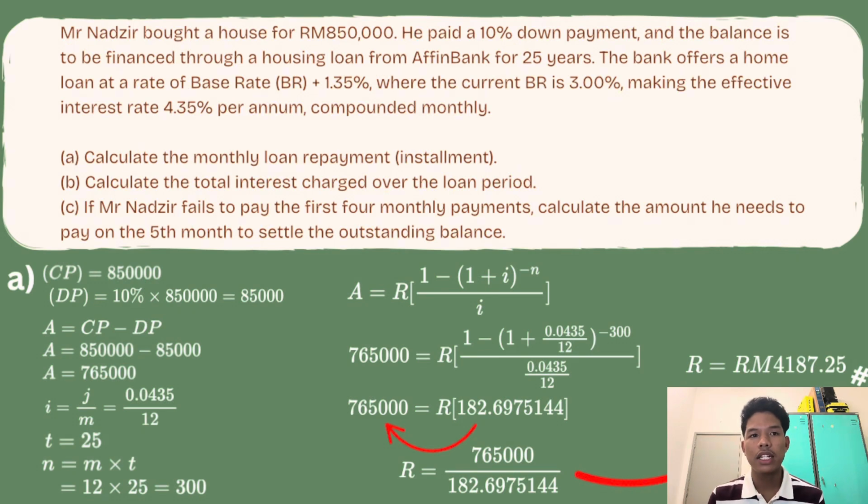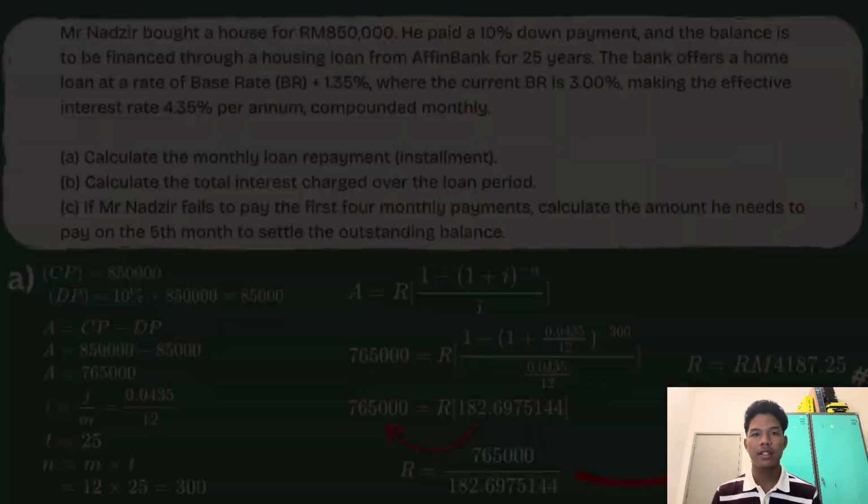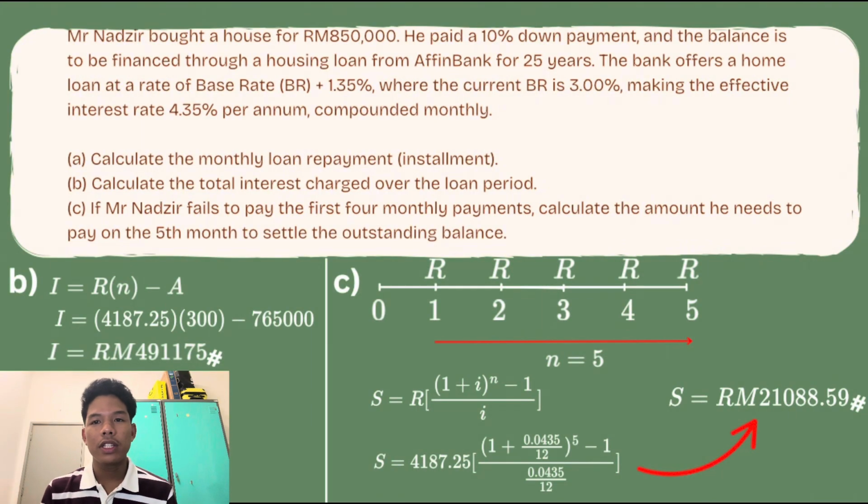So 765,000 equals R, open bracket, 182.6975144, close bracket. So R equals 765,000 over 182.6975144. So the answer is R equals 4,187.25 cents.